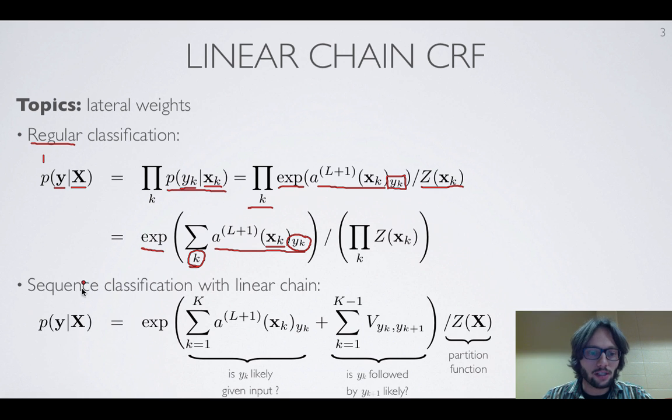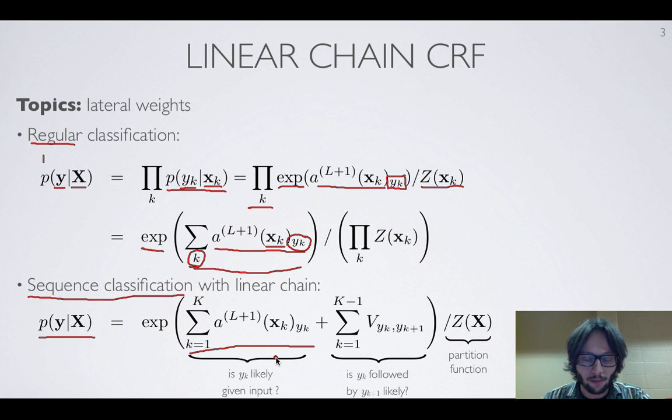Now in the linear chain CRF, in the context of sequence classification, we'll essentially add a term that will also express a preference for particular pairs of adjacent values for yk and yk plus 1, for any position k. So in other words, the conditional distribution of y given some sequence x is going to be the exponential of, again, exactly the same term here and here.